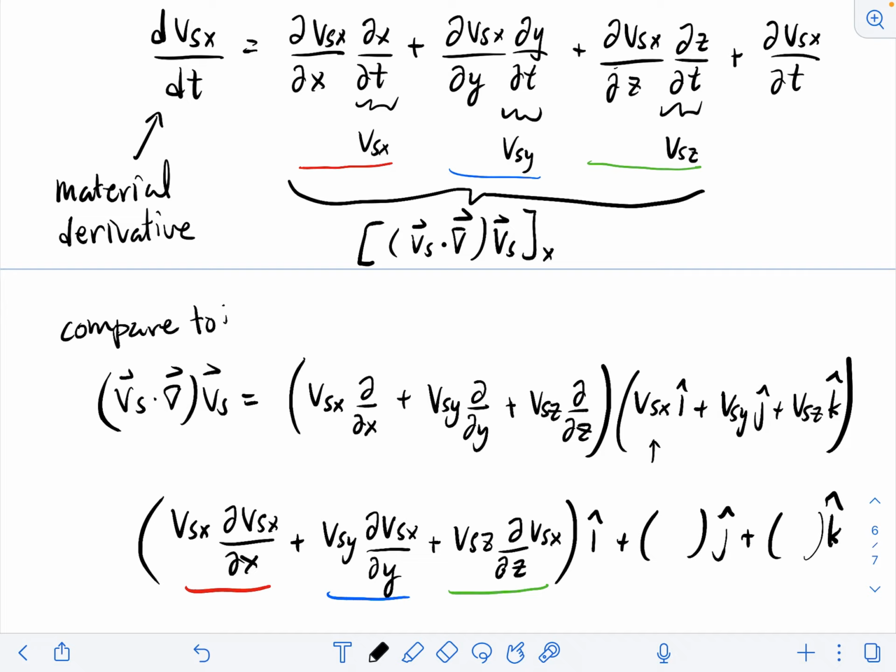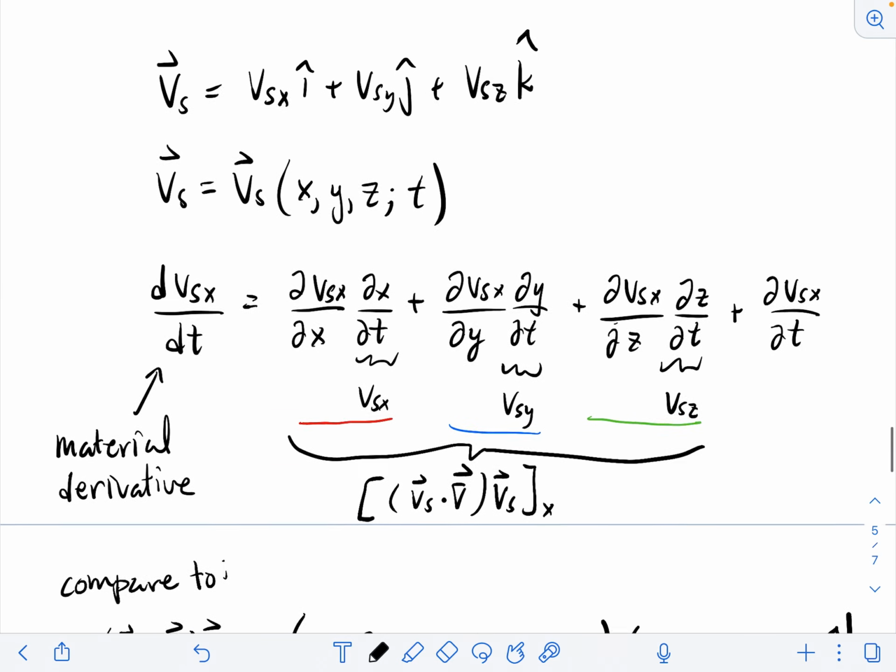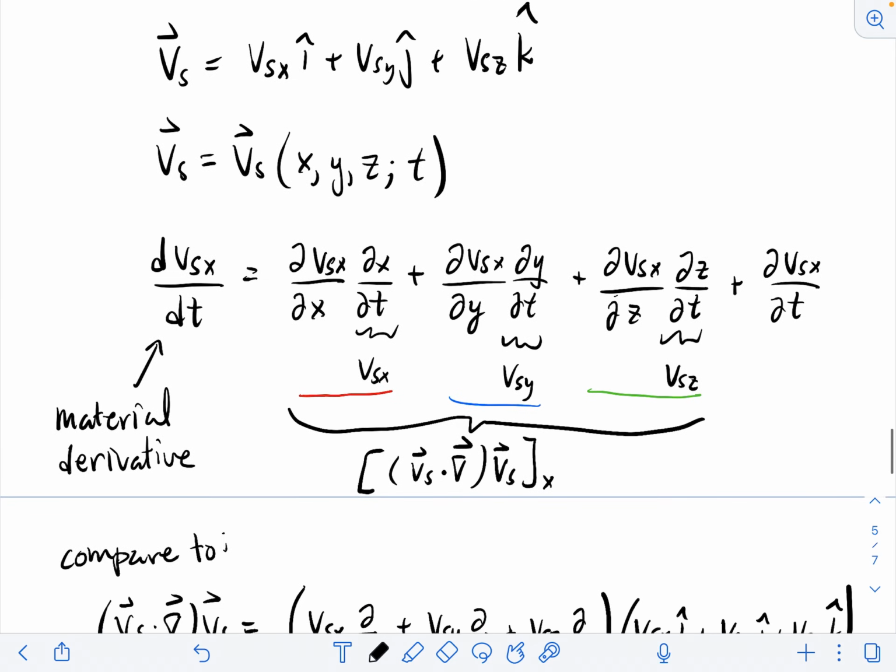But remember, where this came from was just the so-called material derivative. It's a time derivative, and so it's evaluating how the x component of the supervelocity evolves with time.